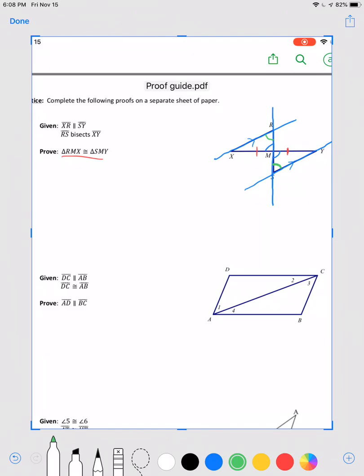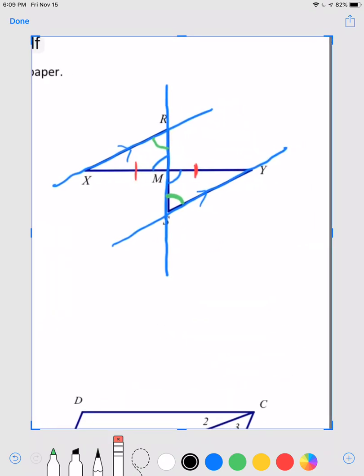So I'll just draw that out here on the side with less stuff in the way. Those are the two parallel lines and then the transversal. And I'm just saying that this angle and this angle are congruent to each other because they're alternate interior angles. Since they're congruent, this means that we actually have three pairs of parts between these triangles being congruent. Let's zoom in a little more.